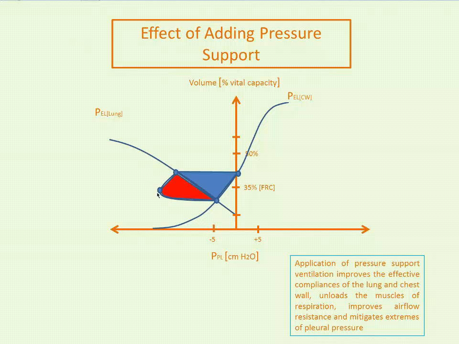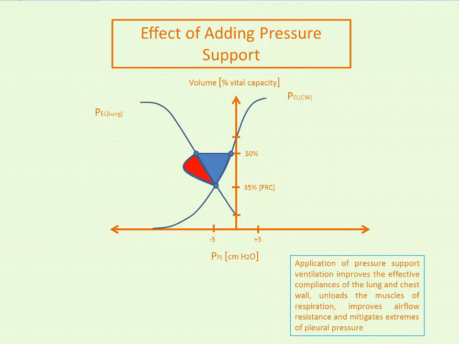So this patient may have a very negative pressure on inspiration, and I don't have it depicted here, but on expiration they may be forcing air out and have a very high expiratory intrathoracic pressure. And the application of pressure support really changes that and reduces the work of breathing, both the resistive and the elastic work of breathing. And this can be graphed.